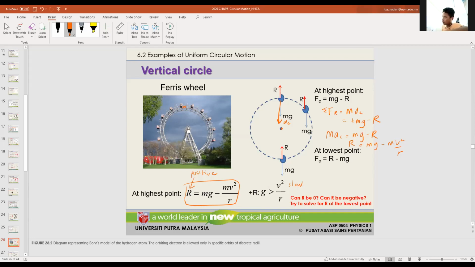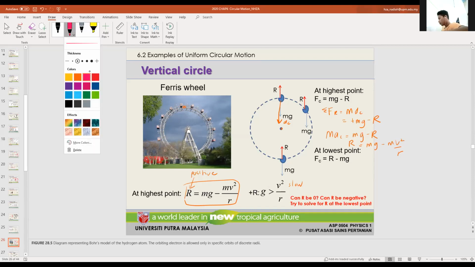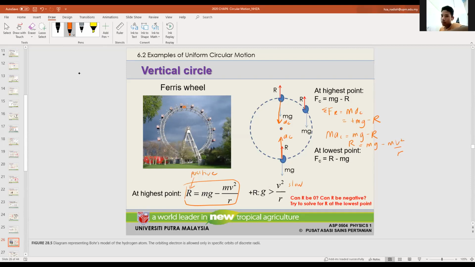Okay, so at the lowest point, let's see. R is still upright, mg is this way, but now your AC is here. So sama juga, Fr equals to MAC. Walaupun redundant, it's very important sebab selalunya orang lupa yang ada MAC kat sini.